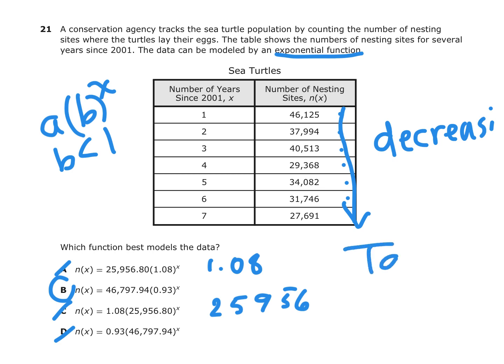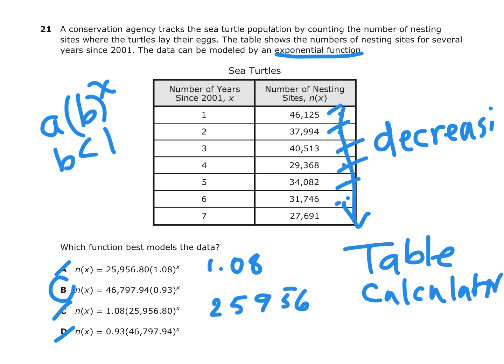Or you can just substitute for 1 here, 0.93 to the first power times that, and it gives you this number. And then 0.93 squared times 46,797 gives you that number. You just plug in the numbers and you get all these answers, and the answer was B. So the main thing: this is an exponential function, it is decreasing, and the only answer that makes sense here is answer B. You can check with your calculator to verify.